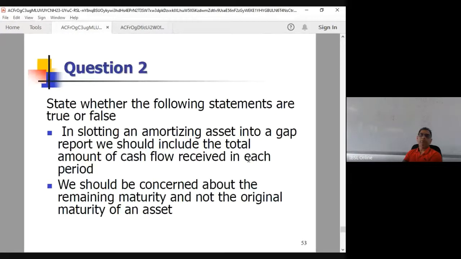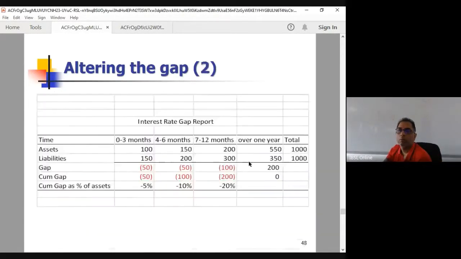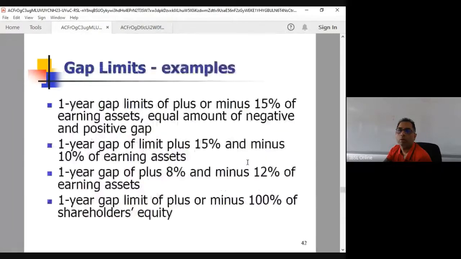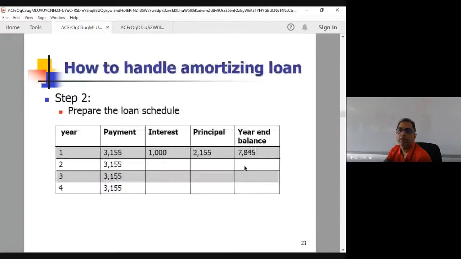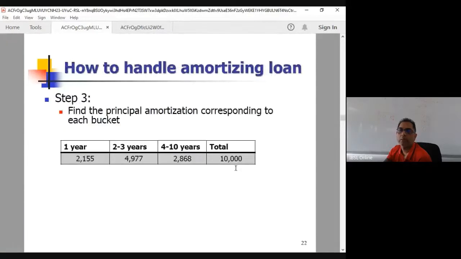Remember the example where we did the 10,000. Here, when slotting, what did we put into the gap report? If it's an amortizing asset, right? So remember, we are trying to figure out when we are slotting an amortizing asset.